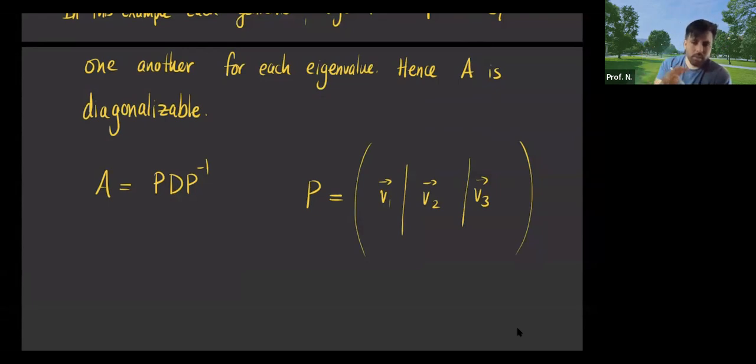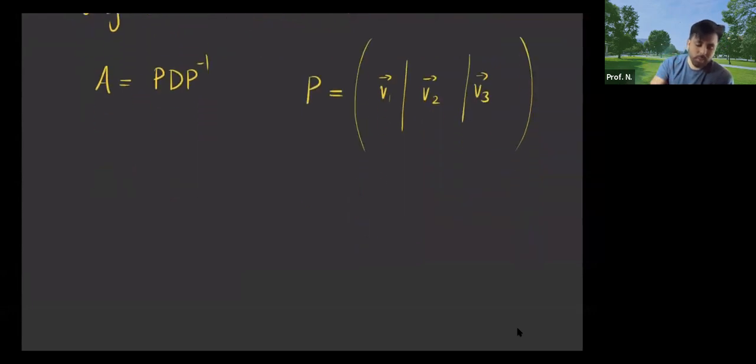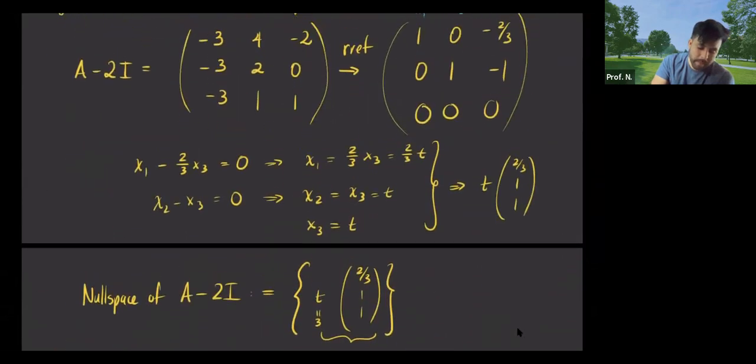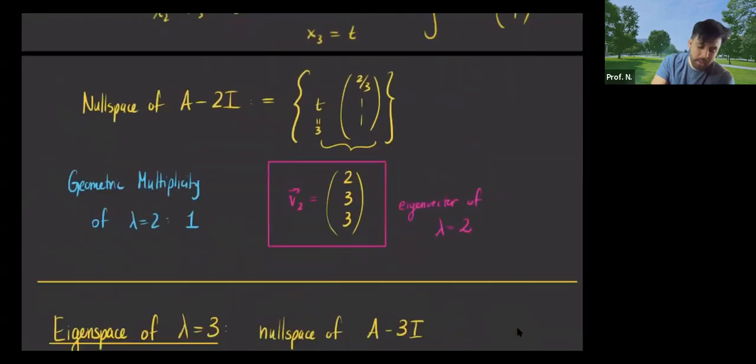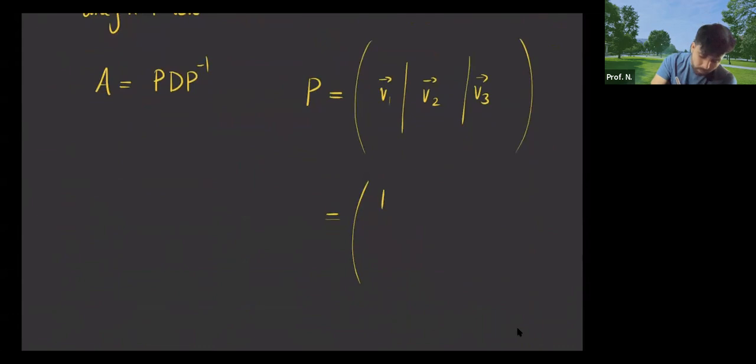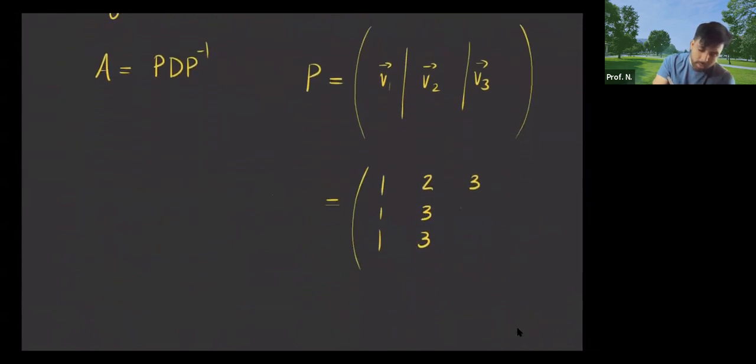Do you guys understand? It doesn't have to be the first one, the second one, third one. But just for consistency, the first one was 1, 1, 1, then 2, 3, 3, and then 1, 3, 4.